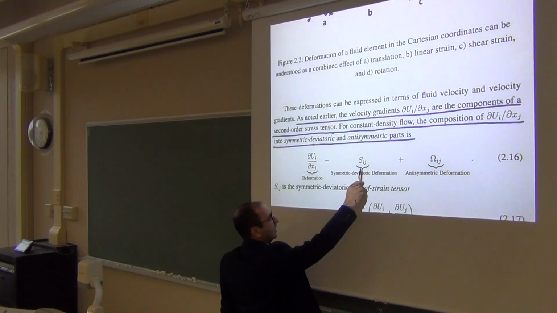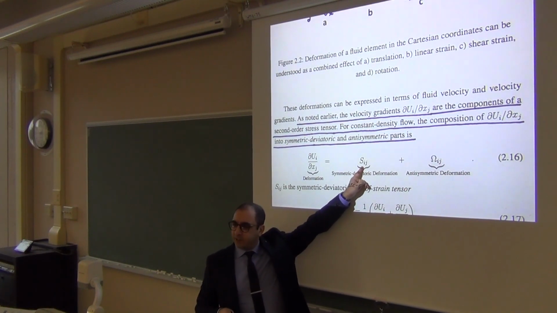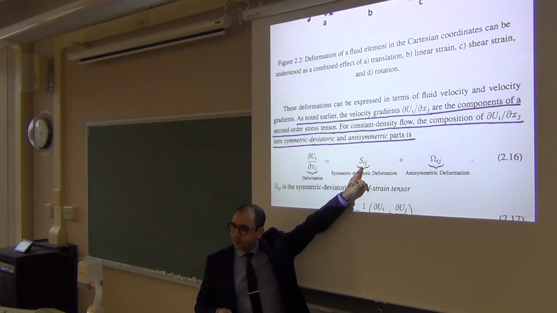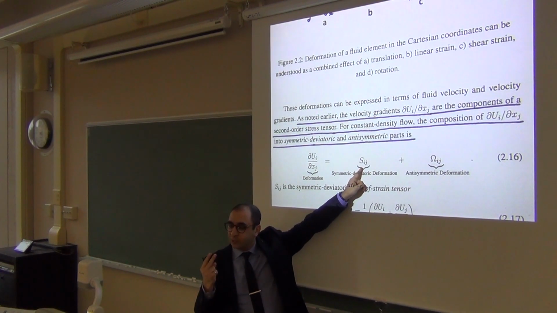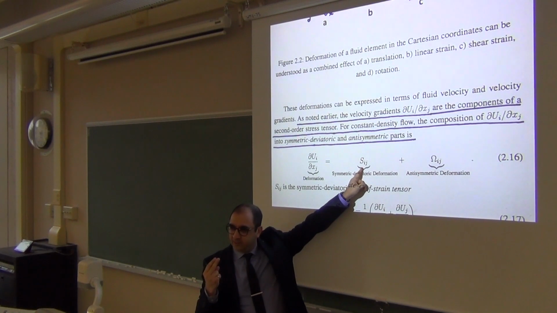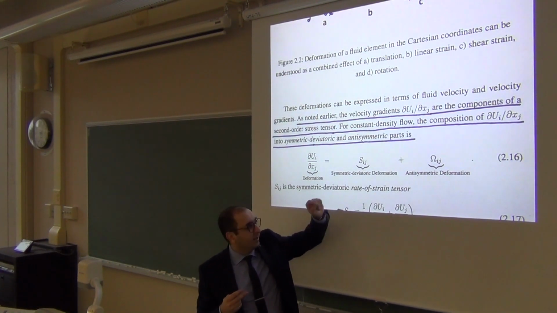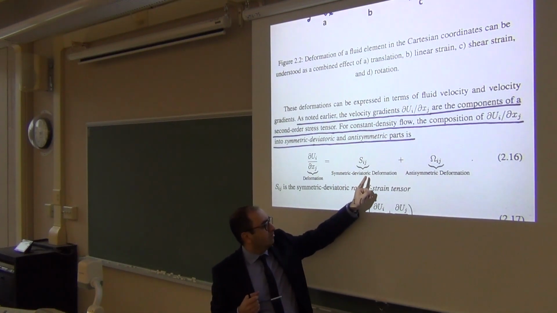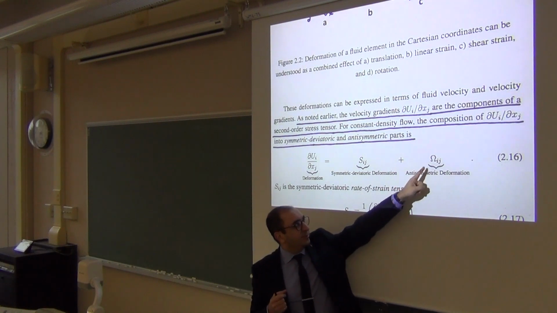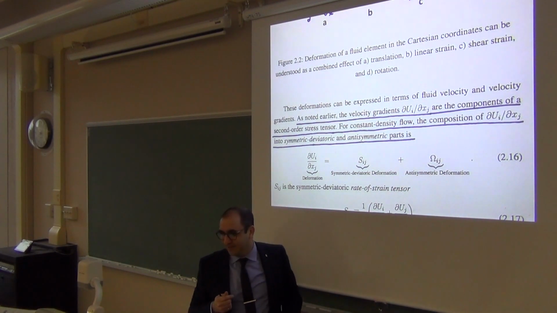Note that these are tensors. Why? Can anybody say why this one is a tensor? It has two indices, or multi-directional, if you like. It has i and j. So S is a tensor. What is this symbol called in Greek? Omega, capital omega, right?